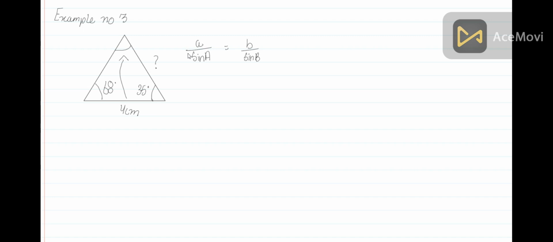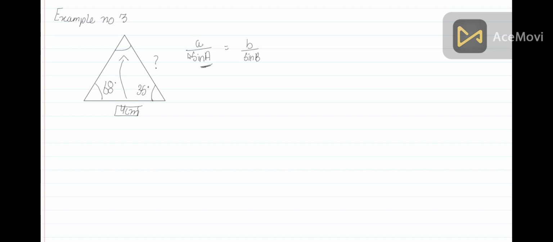After this you have to plug in the values, but in this question there is a problem. The side that is given to you, their opposite angle is not given to you. So first you have to find out the angle of that side, because if you use that side, 4 centimeter, what would you write in the place of a?